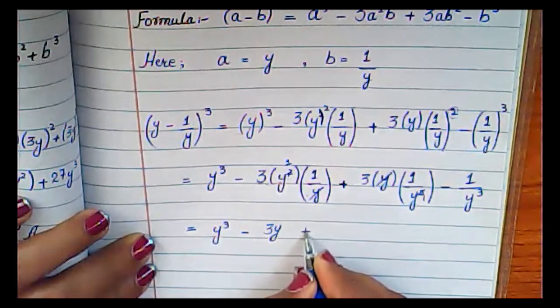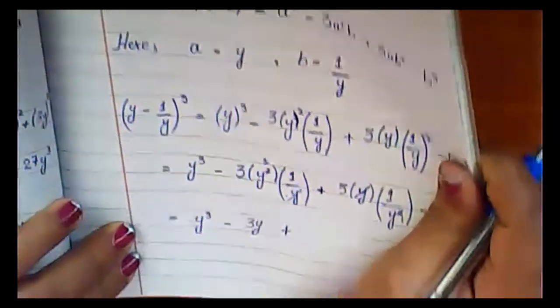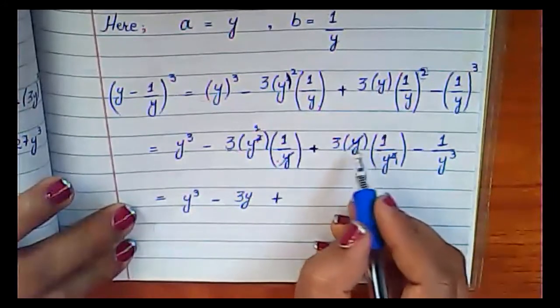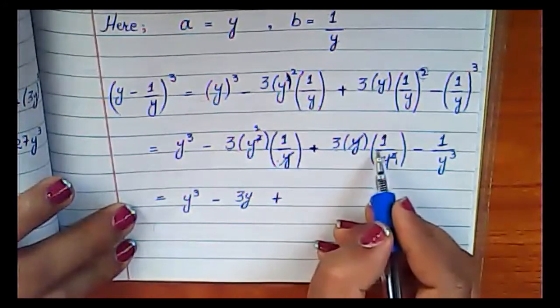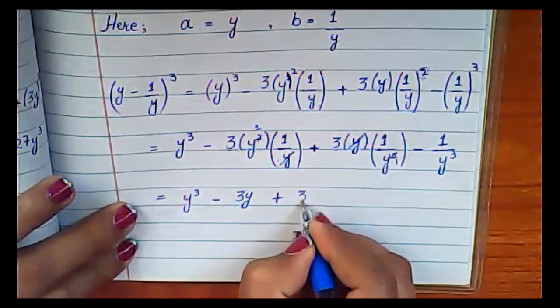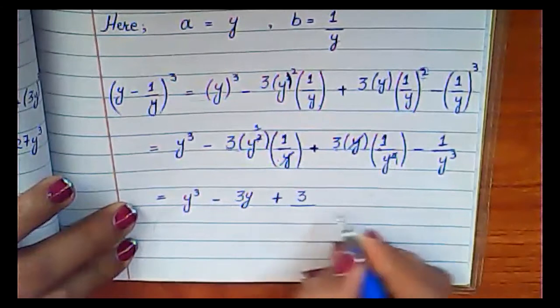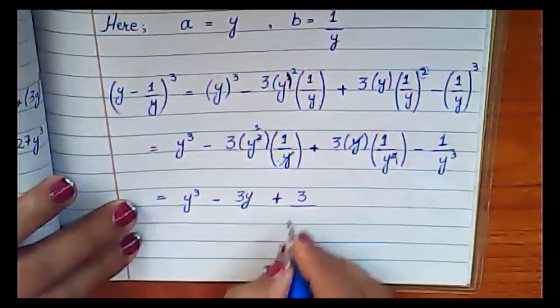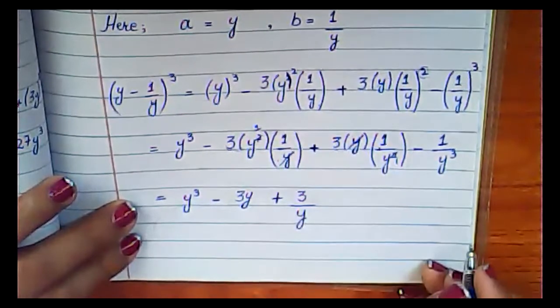Next is the sign of addition. Now look at what you have in the numerator. Here you have 3 and 1 only, so 3 multiplied by 1 will be 3, and in the denominator you have y. How many y are left? Only one y, so you will write y.